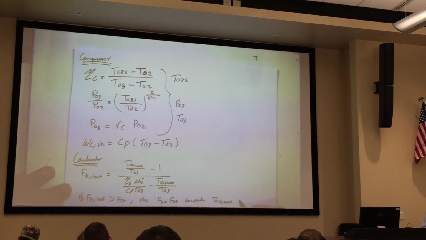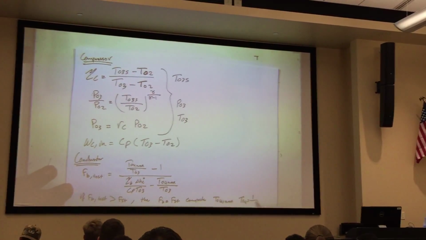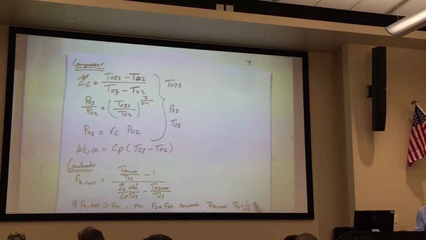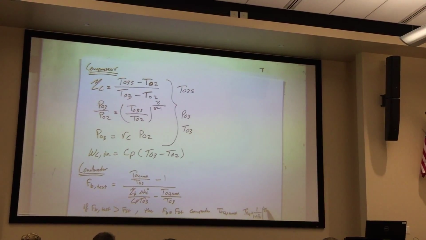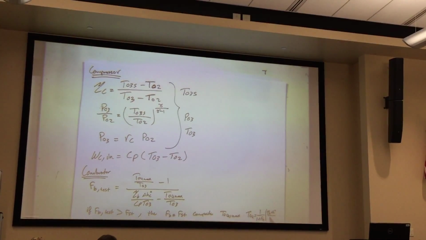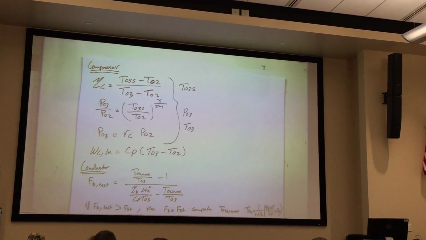So based on this, I will say TO4 is equal to 1 over 1 plus FB. I'm just rearranging my equation so you have it here. Multiplied by the efficiency of the burner, heat of combustion, divided by CP, plus TO3. Just rearranging the terms there.